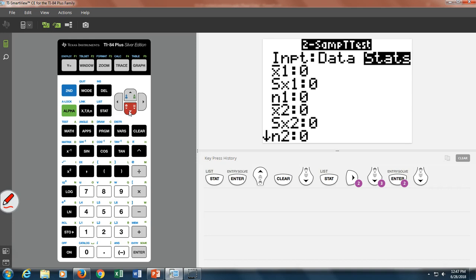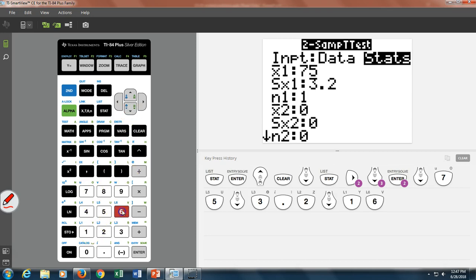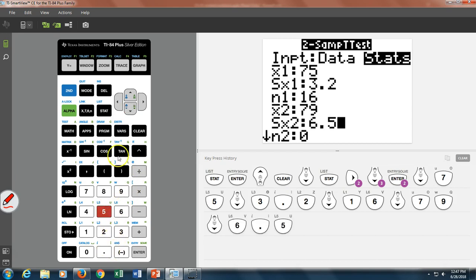All right, so for the first one, recall that the mean was 75. Standard deviation was 3.2. And then n was 16. For the next one, it was 79 and 6.5, and 13.